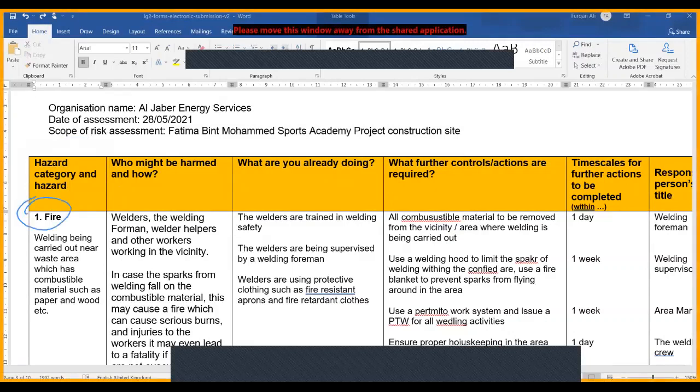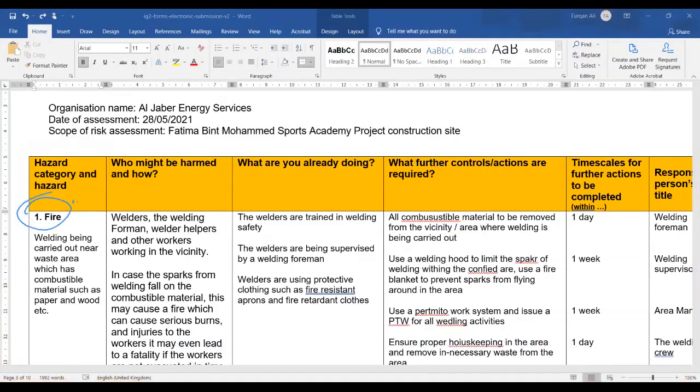So here, this is the hazard category. Then you need to mention the hazard. This is the one which I have circled. This is the hazard. Okay, so you need to mention the hazard category and the hazard. This is the hazard category and this is the hazard itself.